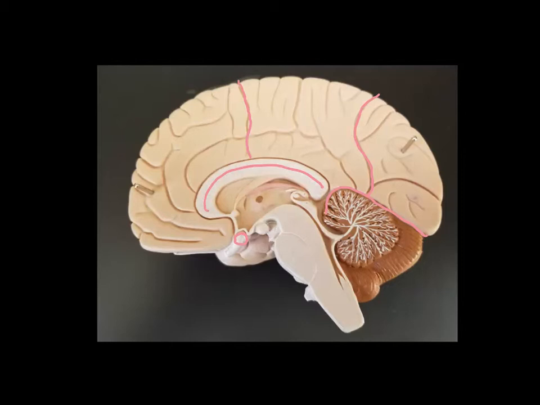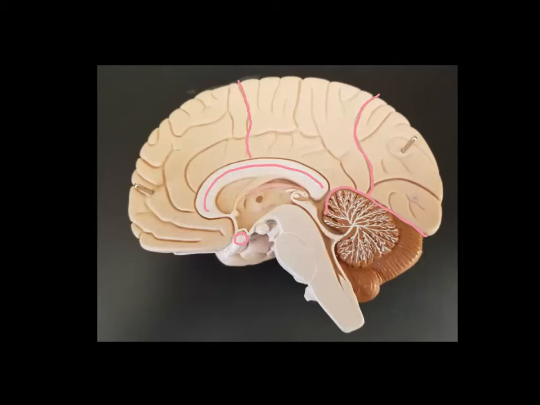So the superior is called the superior colliculus. The one below is called the inferior colliculus. There is a left and a right, so there are 4 colliculi. Superior has 2, inferior has 2.